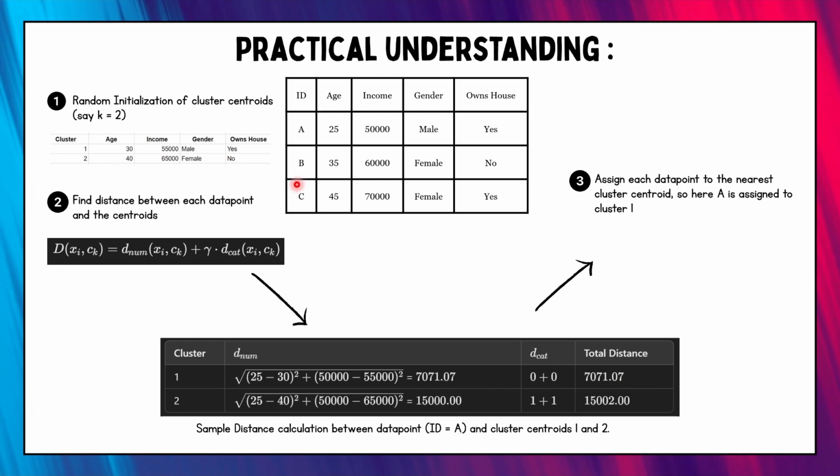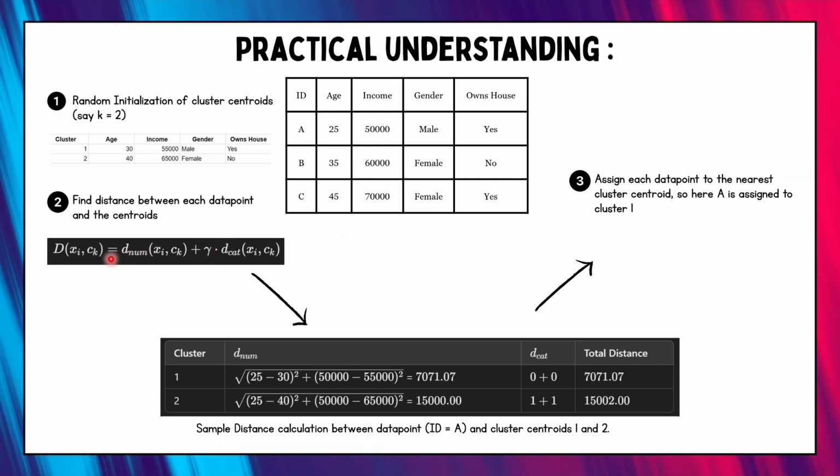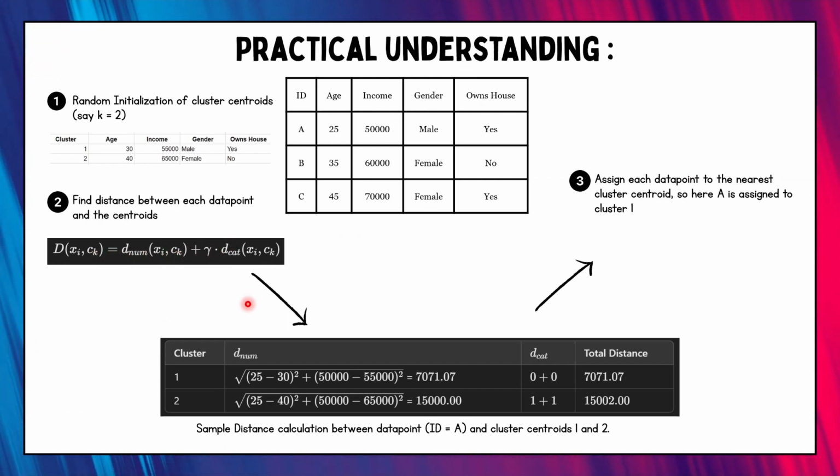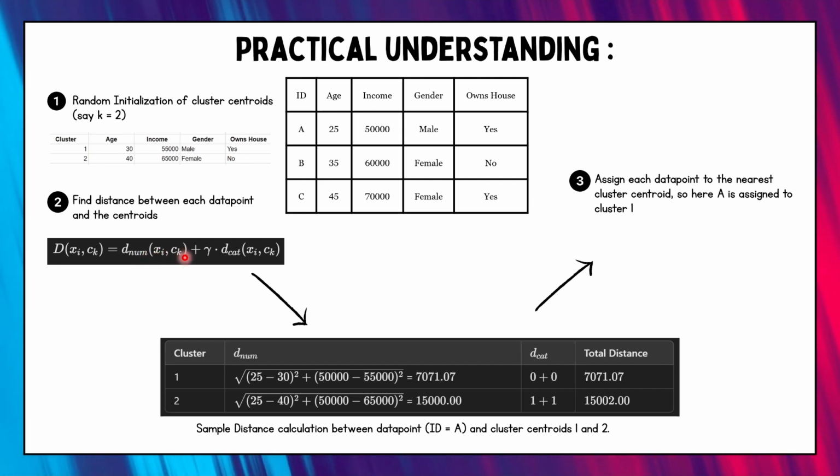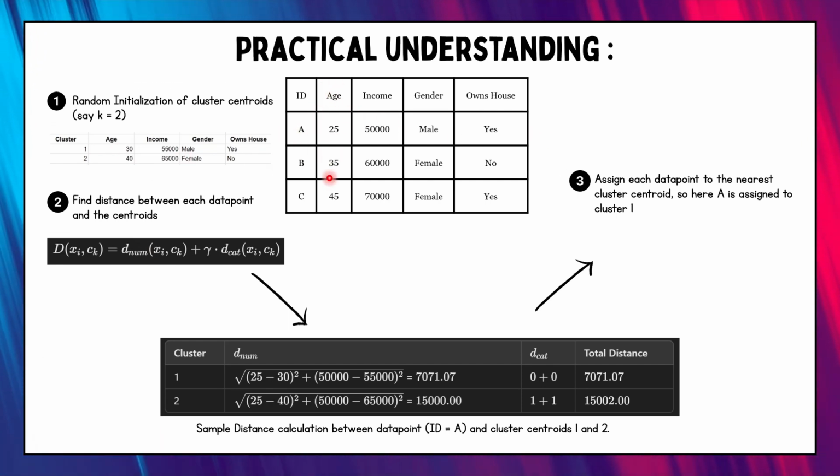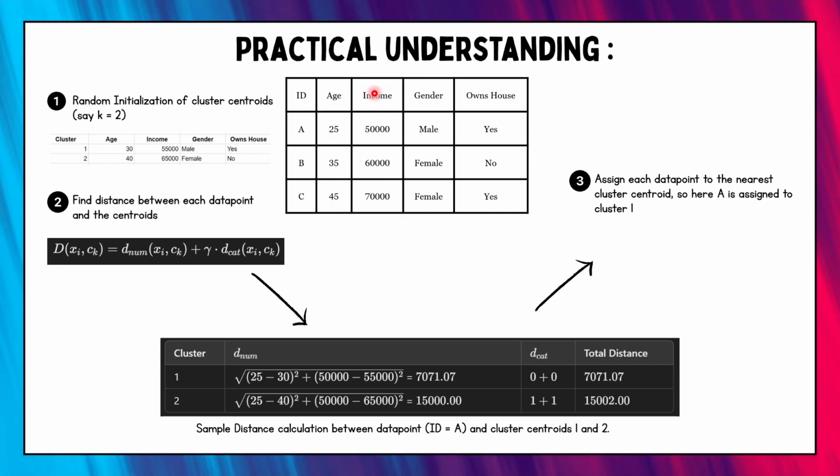So here we will simply do this calculation. But the thing is, how do we combine the calculations for the categorical columns and the numerical columns? What K-prototype does is calculate the distance between the cluster centroids and the data points separately for the numerical columns and the categorical columns. So I'll be calculating the distance between the cluster 1 centroid and row A separately for the numerical columns, age and income, and then separately for the categorical columns, gender and owns house.